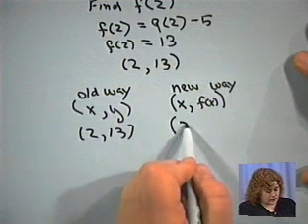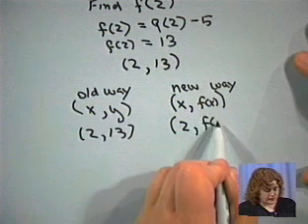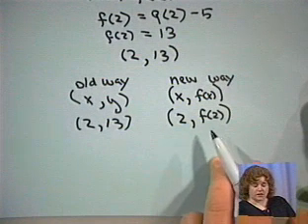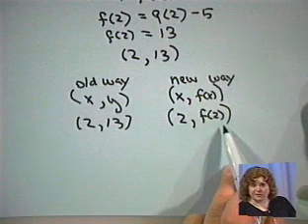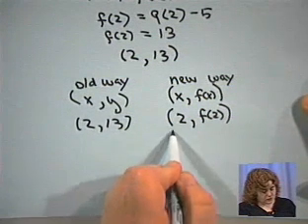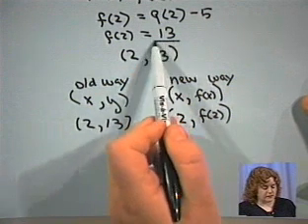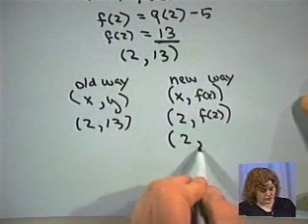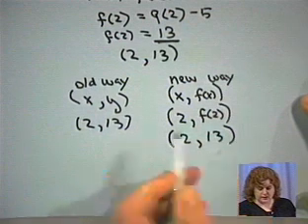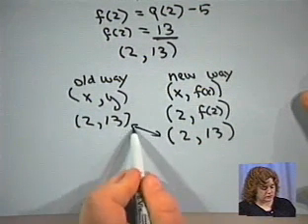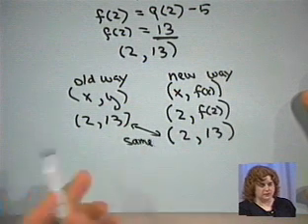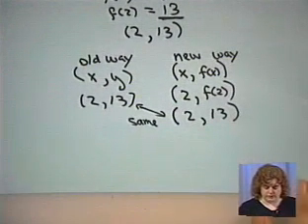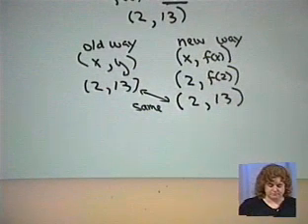Well, I could write that 2, f of 2, but that's not very useful other than to tell me I plugged in a 2 everywhere I saw an x. So let me take what I evaluated. F of 2 is equal to 13, and write the ordered pair 2, 13. Nothing has really changed. We're just talking in a different way. And we have just evaluated a function.